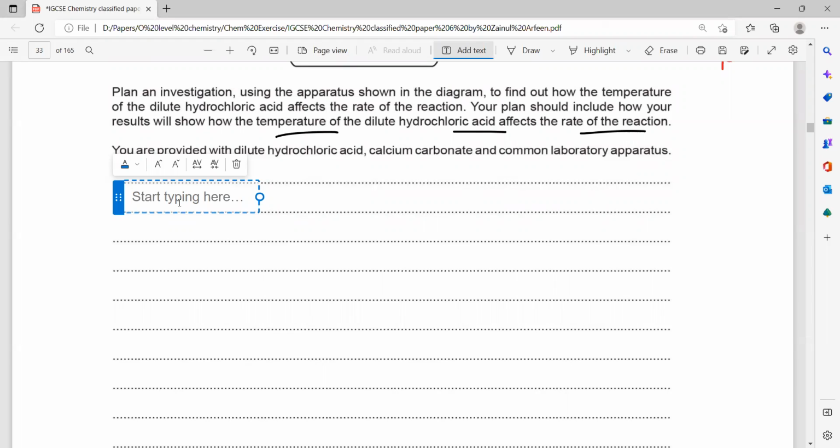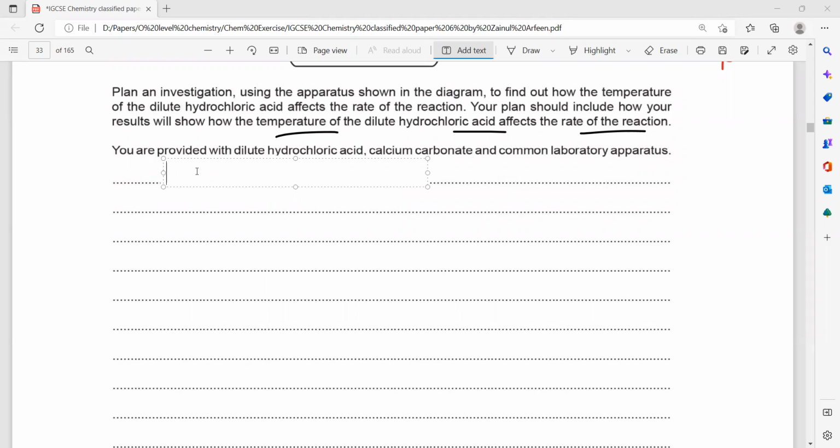So we will take, for example, 10 cm cube of HCl by measuring cylinder. Whenever you're writing the experiment or writing the answer, always try to mention the name of the apparatus.